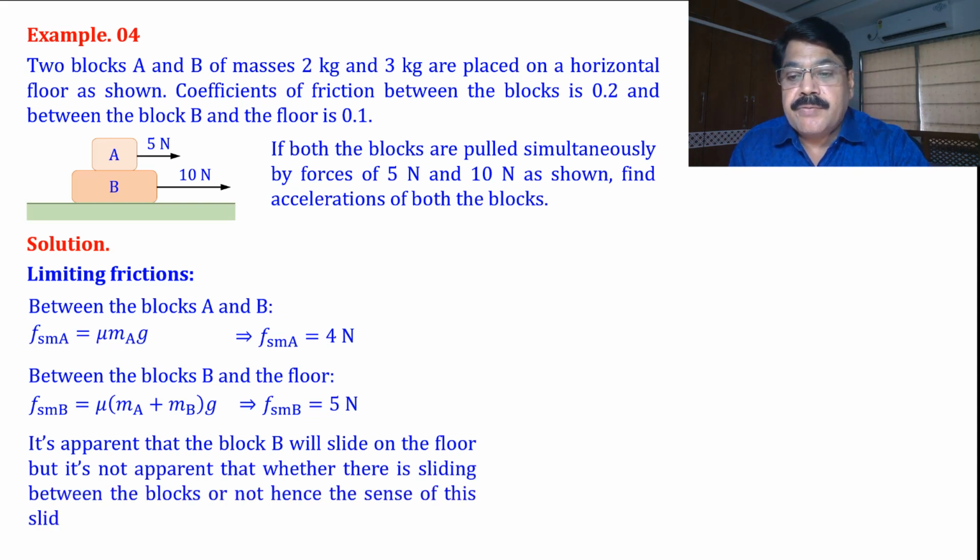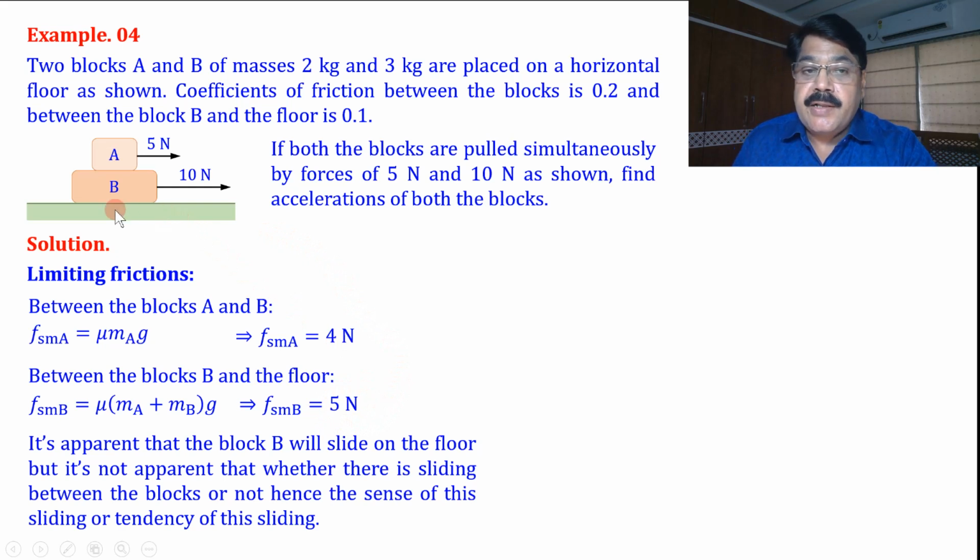Hence the sense of this sliding, or the tendency of this sliding. Actually, see here, this limiting friction is 5. So this 10 Newton force will easily overcome this force. So on the floor, certainly there is sliding. But whether there is sliding between the blocks or not, it is not apparent.